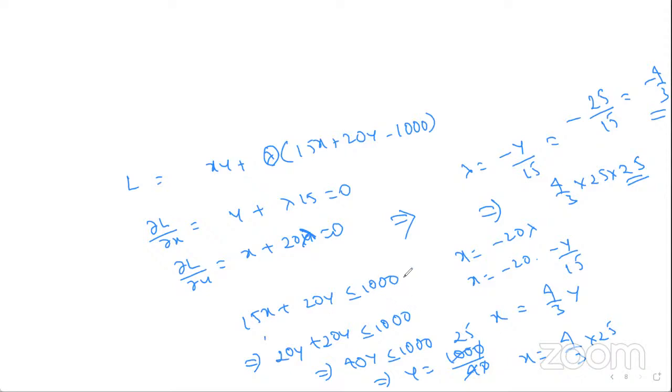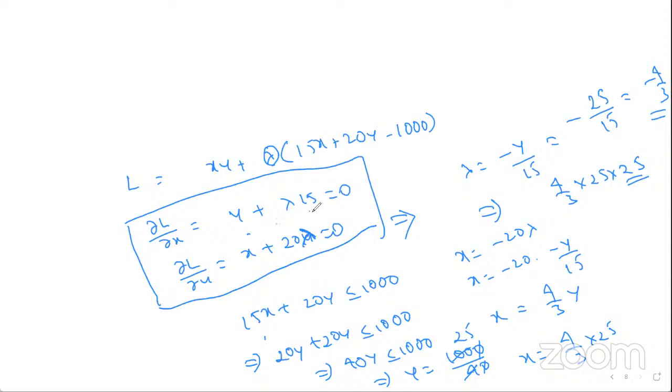See, we have this condition: dL by dx equals 0, so y plus 15 lambda equals 0, and x plus 20 lambda equals 0. And then lambda into (15x plus 20y minus 1000) should also equal 0. But the problem is that 15x plus 20y minus 1000 is already equal to 0. By using this equation we cannot get the lambda value. That is why we are using this equation or this one.